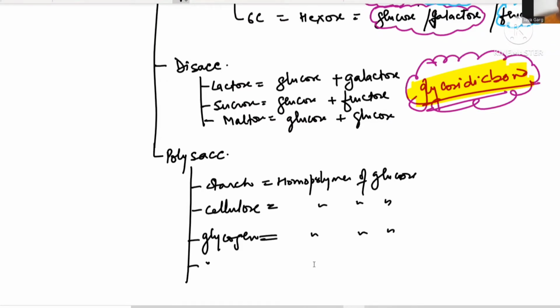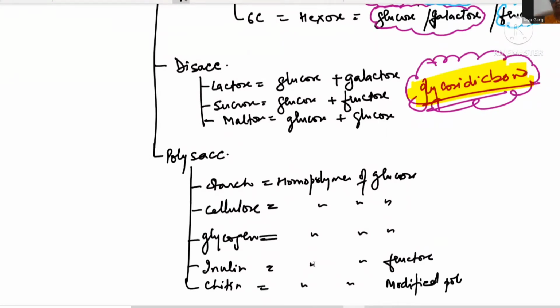Next is inulin. Inulin is a homopolymer of fructose. And last is chitin. Chitin is also a homopolymer of a modified sugar. A modified sugar example is N-acetyl glucosamine.